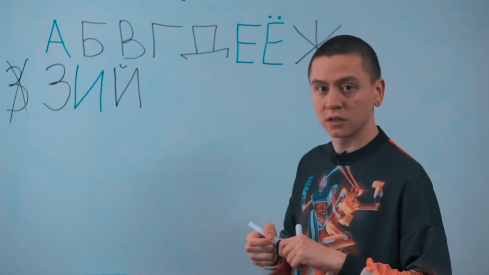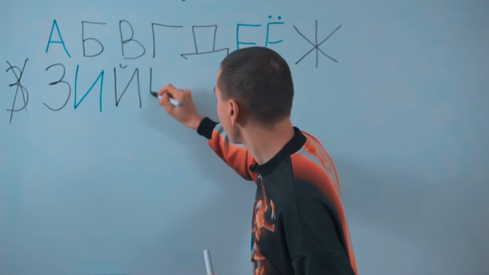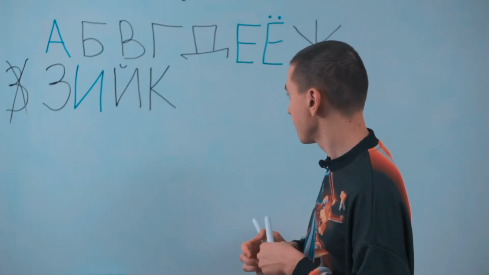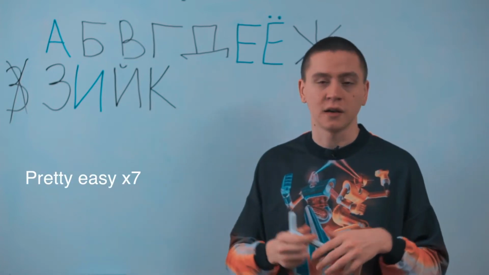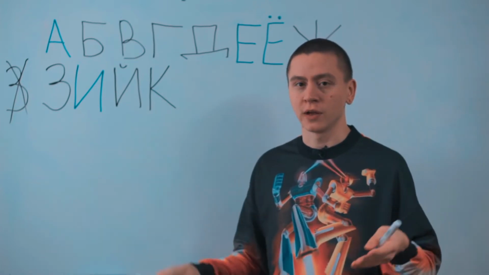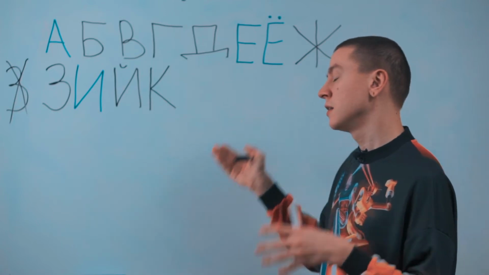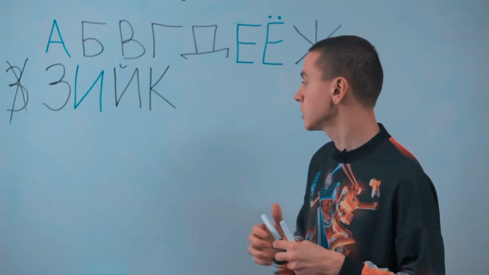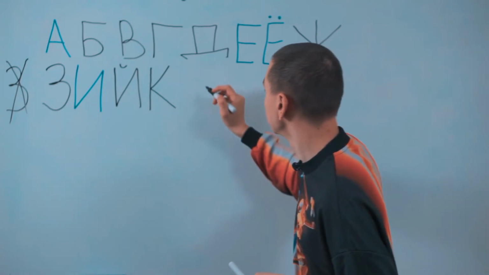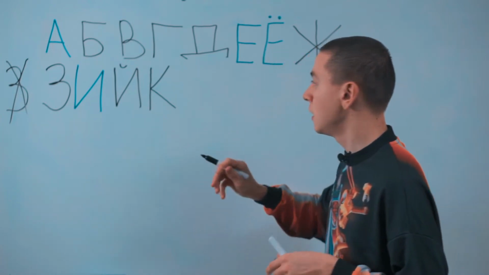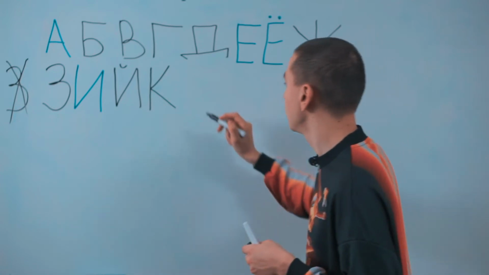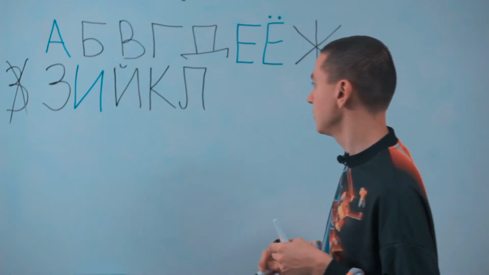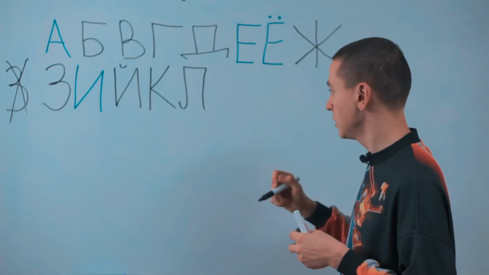Next one is K. It's pretty easy. I think in lots of languages this letter exists, so it's not a big problem. So next one, L. In the alphabet, it looks like this, but that's weird.